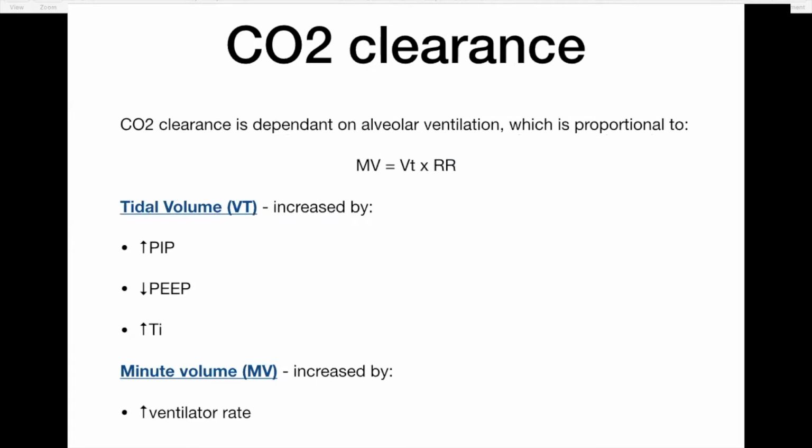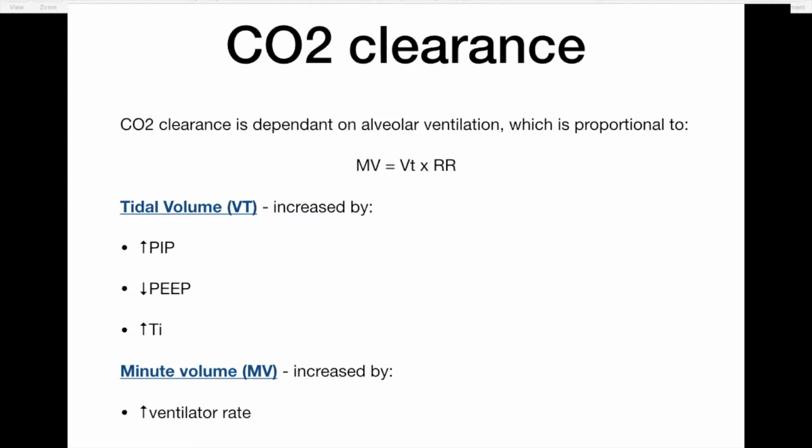The other part is the CO2 clearance or ventilation. The CO2 clearance is dependent on alveolar ventilation, which is proportional to our tidal volume and of course the minute volume. So the minute volume is going to be our tidal volume times our ventilator or respiratory rate.